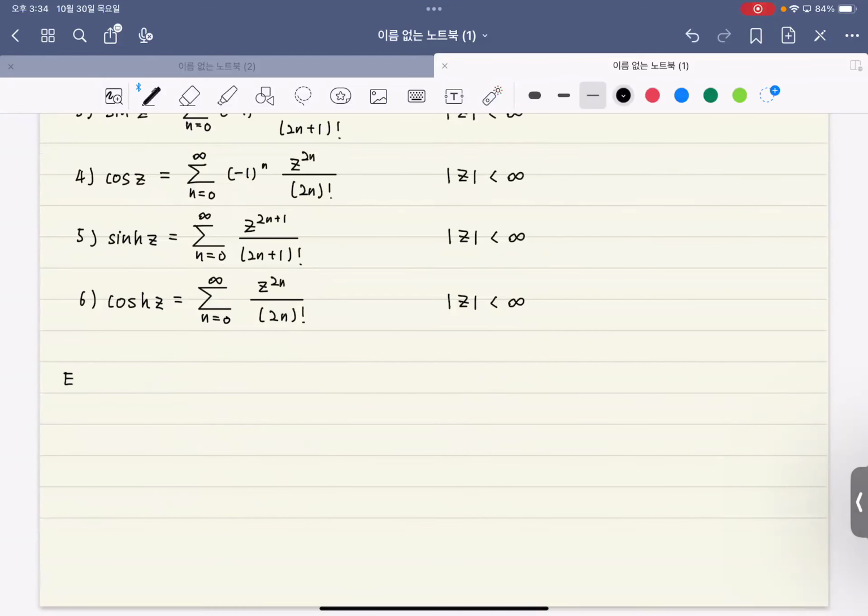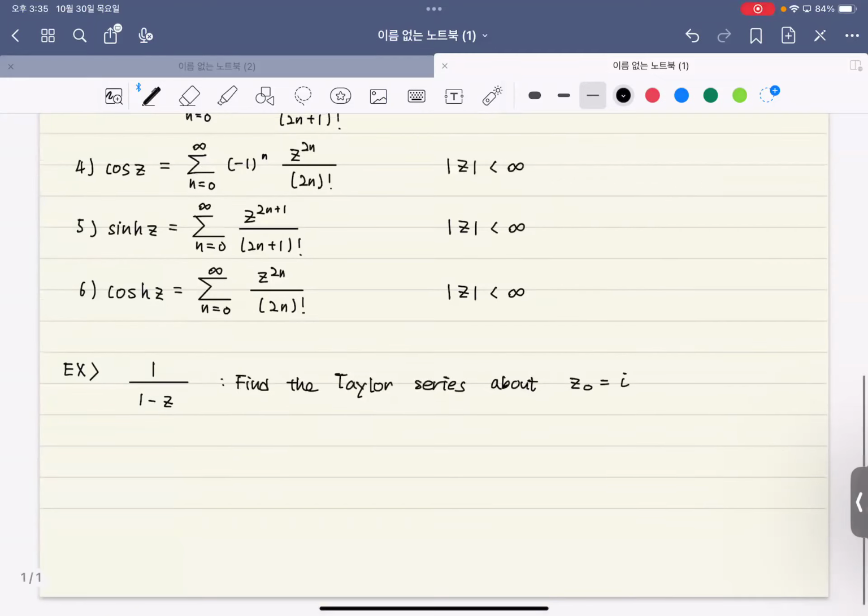This is the function, and I want to find the Taylor series of this function about i.